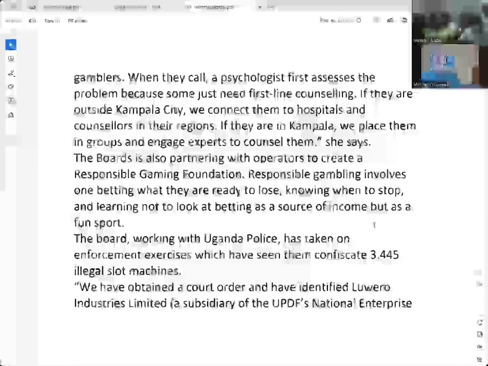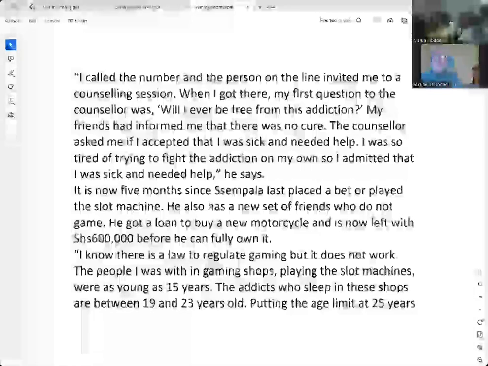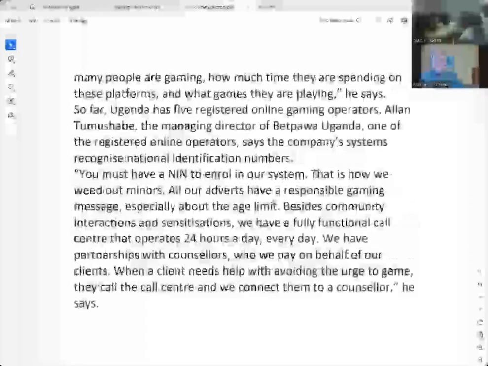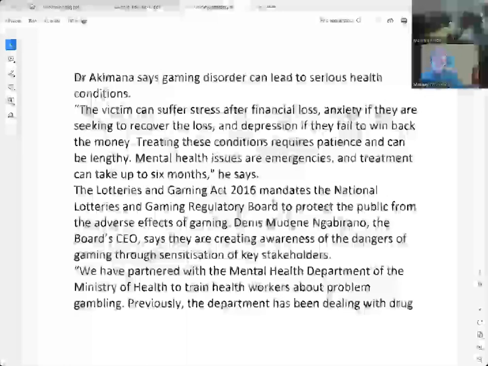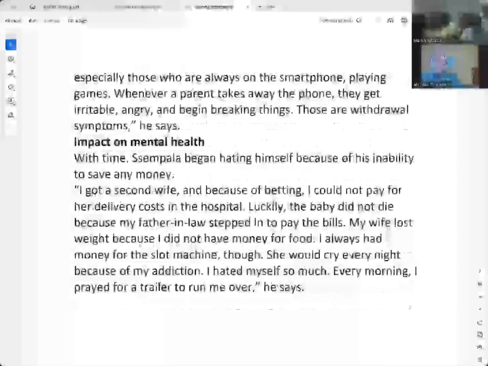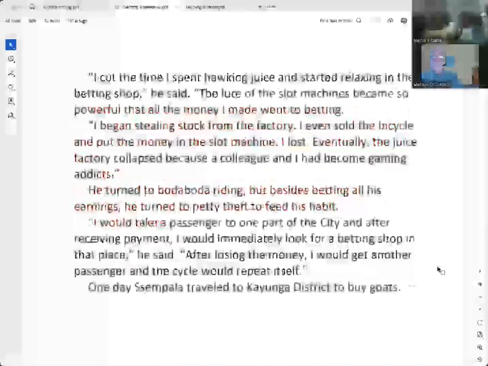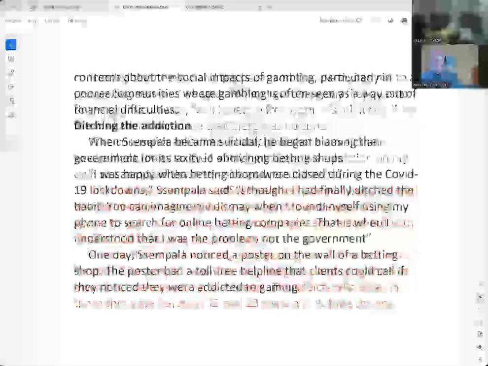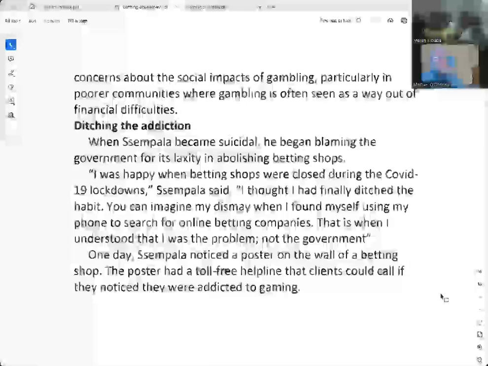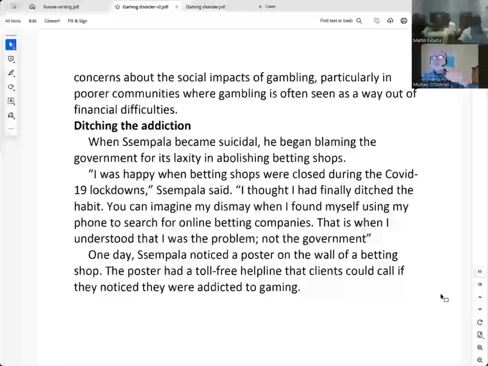And the quote, I took it from somewhere up high in the story and moved it down to the end, so that the end of the story now reads like this. We're going to end with that section, ditching the addiction, because this brings you back to Fred and tells about what he was doing.